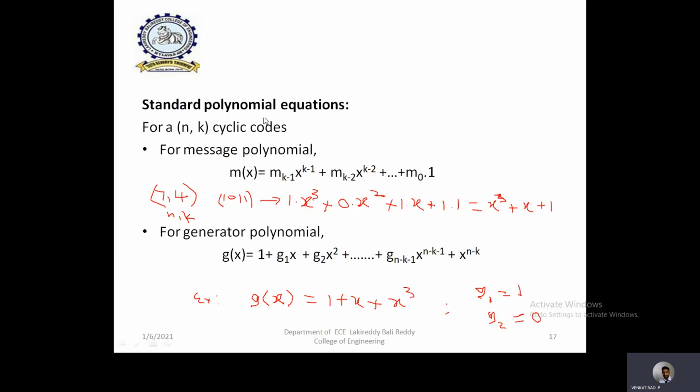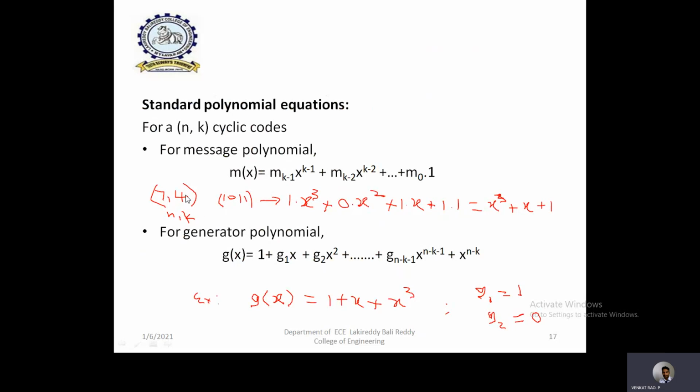So these are the standard polynomial equations for message and generator polynomials. For example, for an n comma k cyclic code, the message polynomial is represented like this, like m k minus 1 into x power k minus 1, and so on. Don't worry about these notations. You can simply observe from the example. If it is a 7, 4 cyclic code where n is 7, k equals 4.